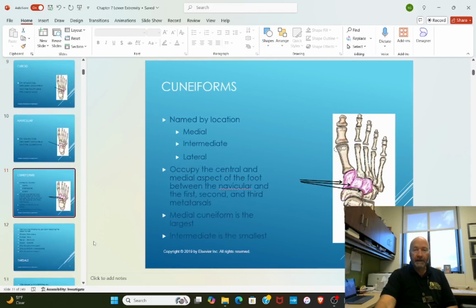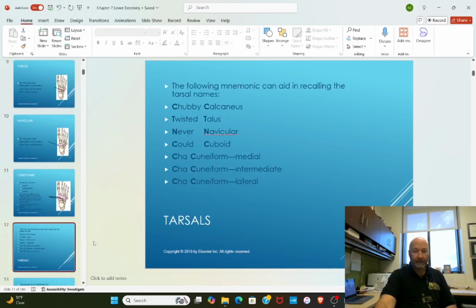We're not going to talk any more about the individual bones in the feet. There is a mnemonic for that. I've never heard anybody use this, and I've not seen a lot of reference to individual tarsal bones, with the exception of the calcaneus and the talus, and the cuboid.